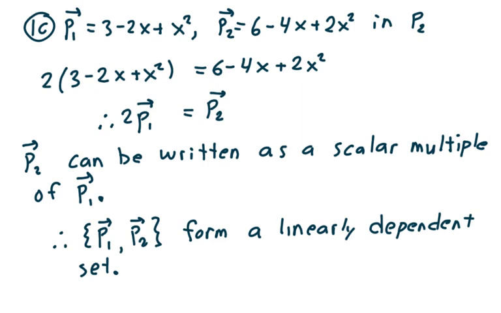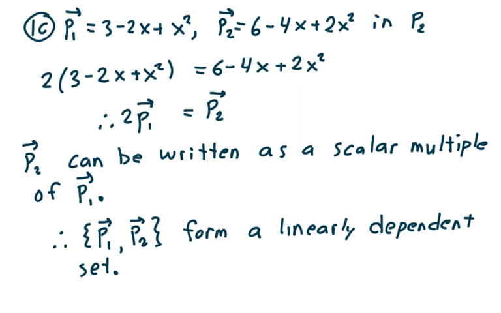Suppose P1 is equal to 3 minus 2x plus x squared, and P2 is equal to 6 minus 4x plus 2x squared in P2. And remember, P2 is the set of all polynomials of degree less than or equal to 2. So if I take 2 times 3 minus 2x plus x squared, I get 6 minus 4x plus 2x squared.